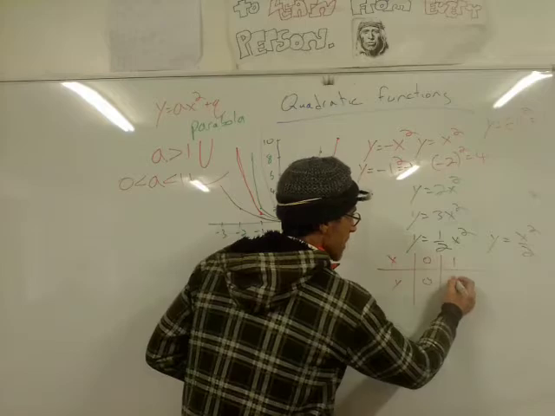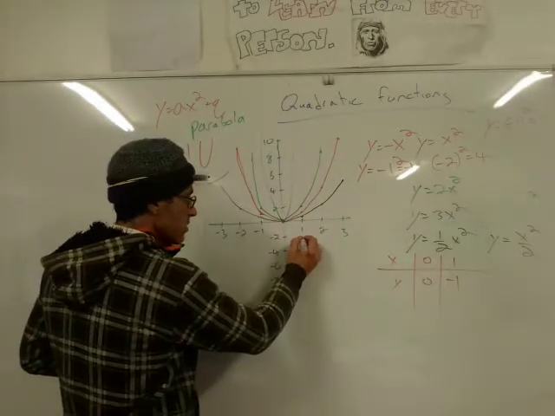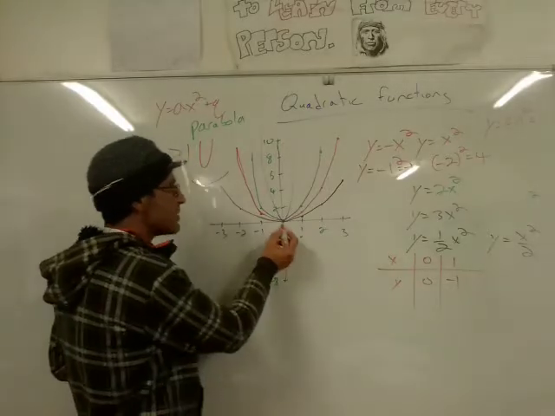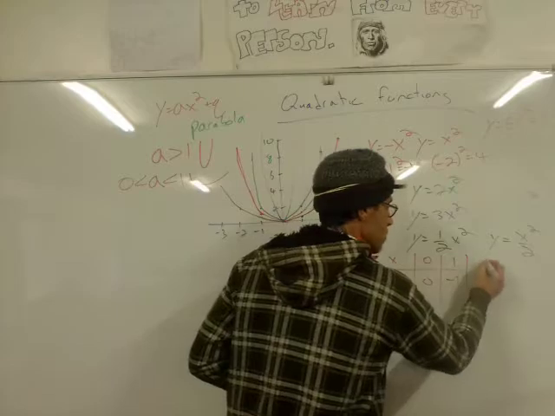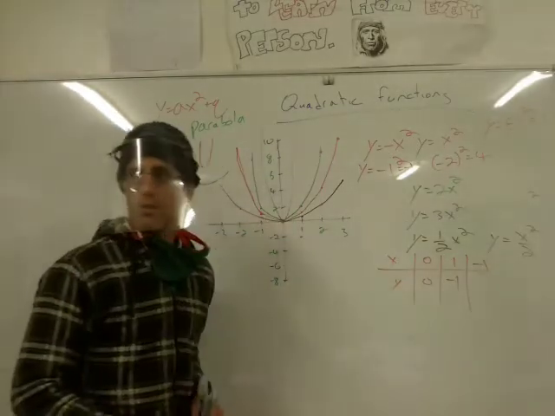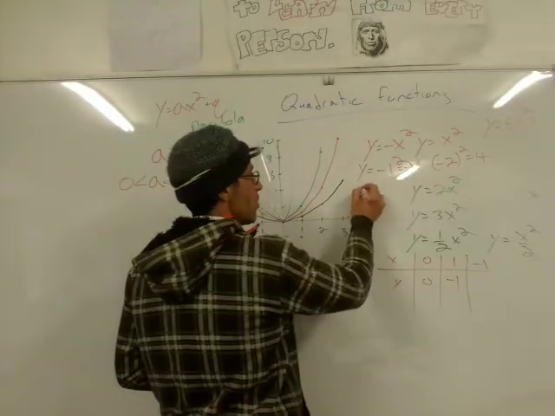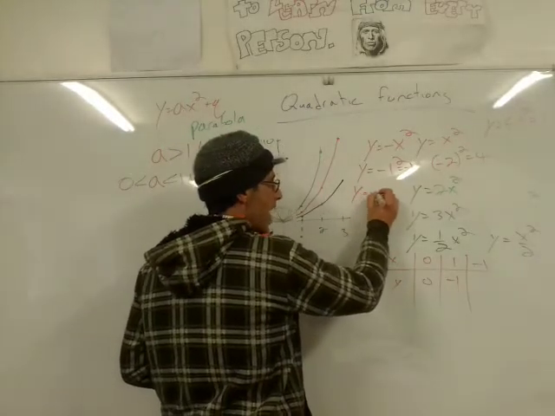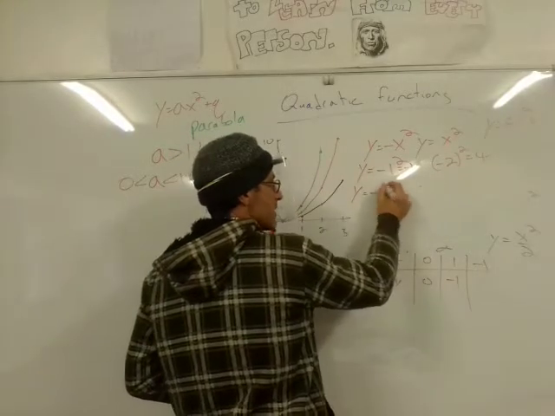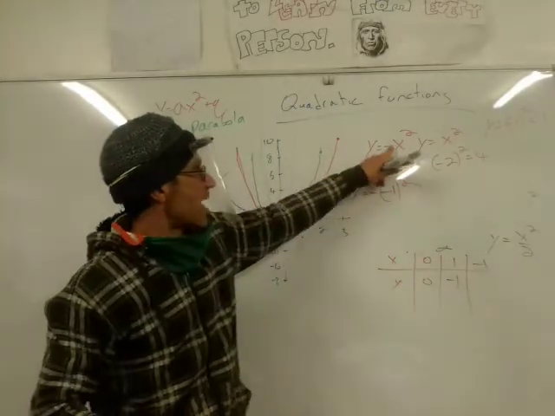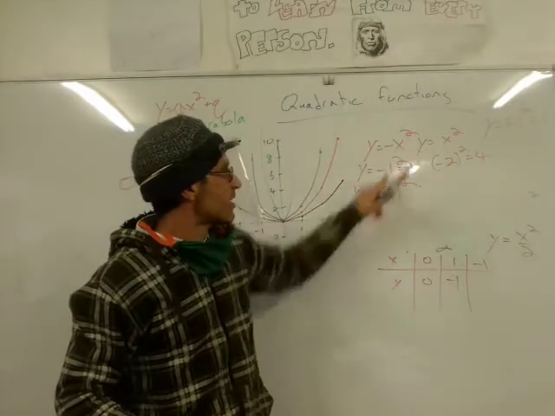So the answer here is going to be minus 1. When x is 1, y equals minus 1. By the way, what happens if x is minus 1? Let's have a look. y equals minus, I have to put that minus because that's in my function, 1 squared, and then instead of x, I write minus 1.